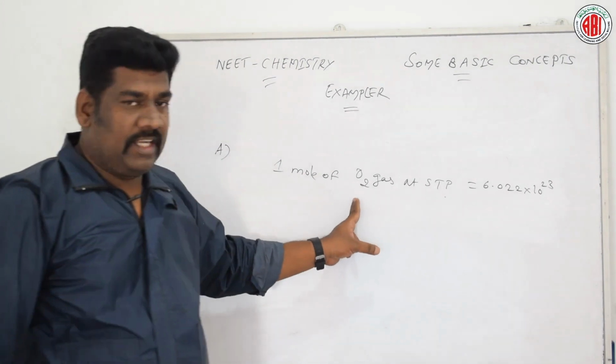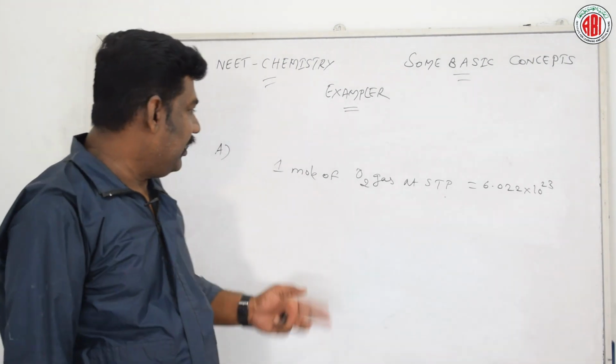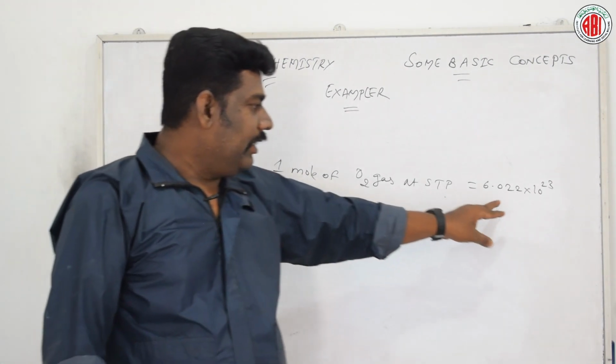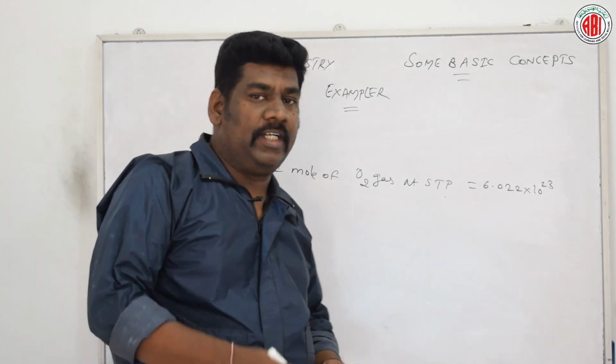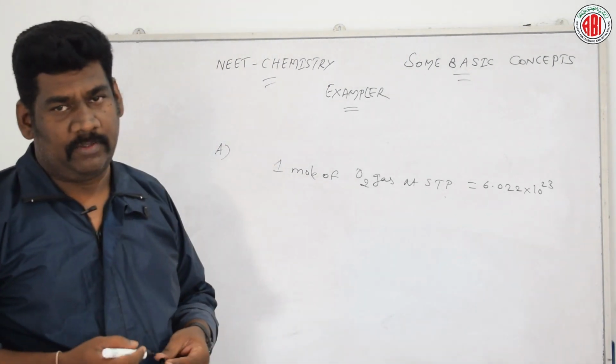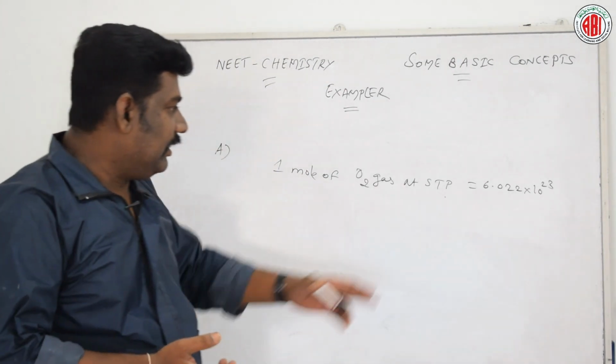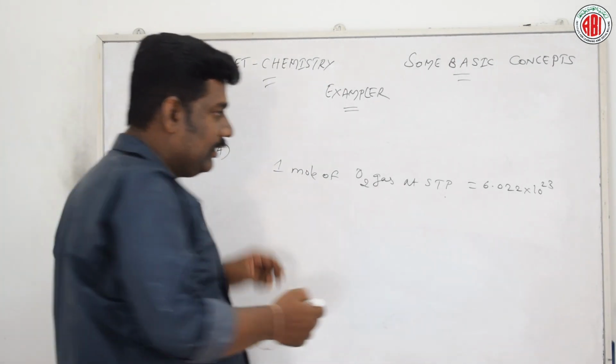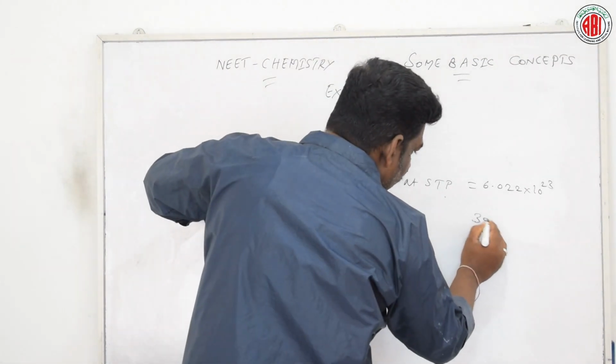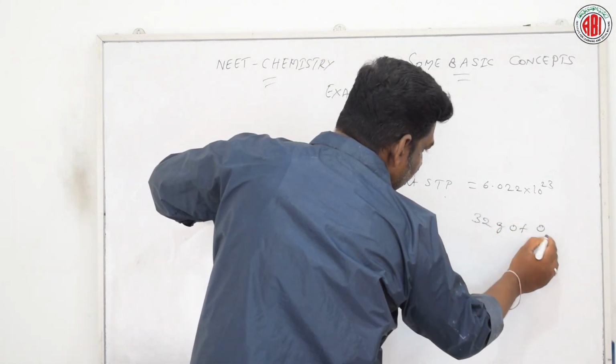This is not only for oxygen; for any gas, 1 mole at STP has 6.022 × 10^23 molecules. Okay, so this could also be expressed as 32 gram of oxygen.